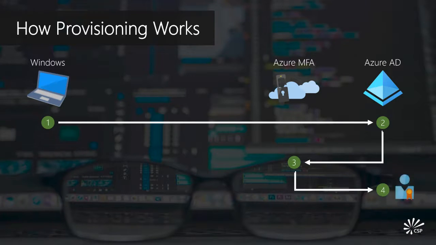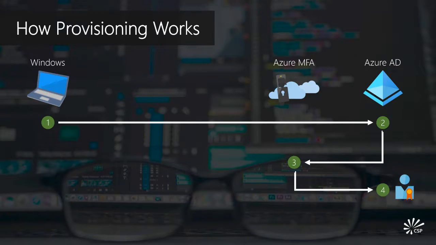So after the MFA challenge is completed, the claim is added to the token and sent back to Azure AD. If everything was successful, then Azure is going to issue an Azure DRS access token. And one thing I'll point out is that if we did use a strong credential, right, if instead of passing a username and password, we did have a FIDO2 security key that we were using to initiate the user authentication, then all of these MFA steps are actually skipped because they're not necessary.